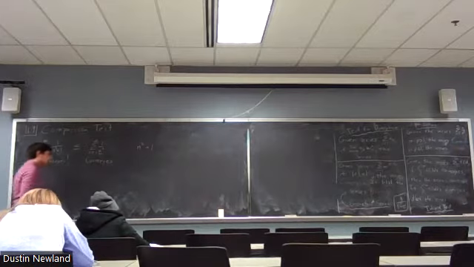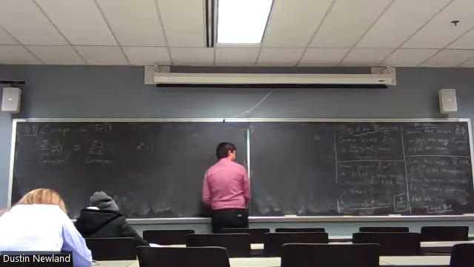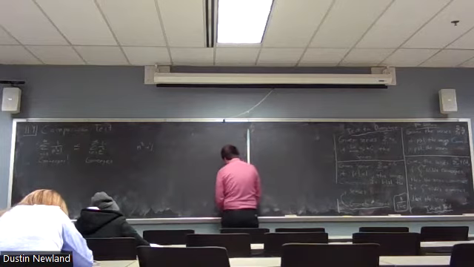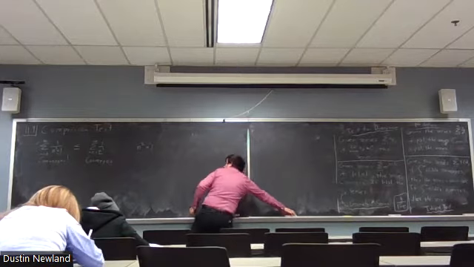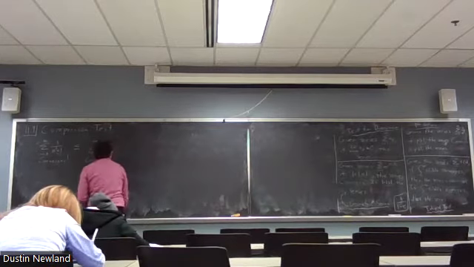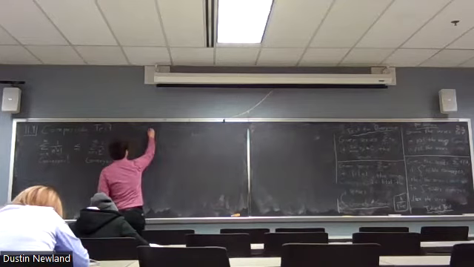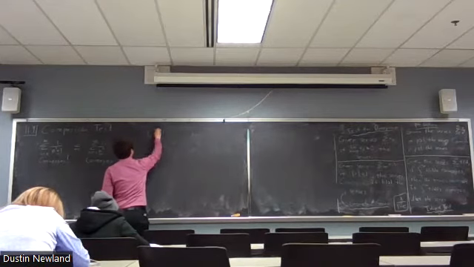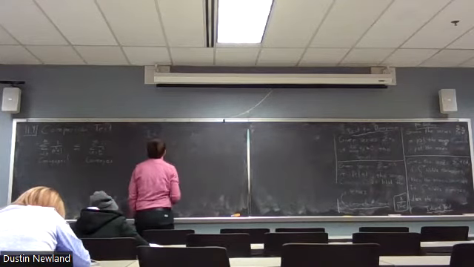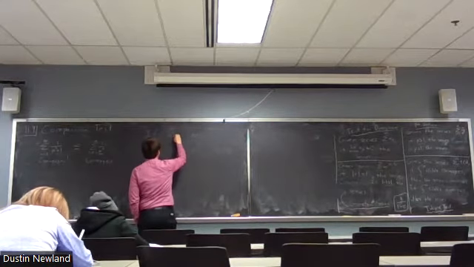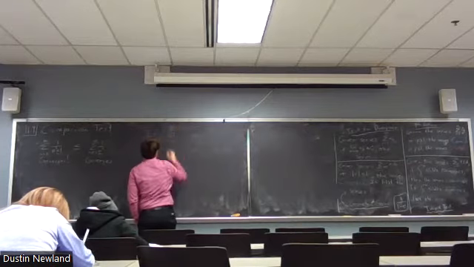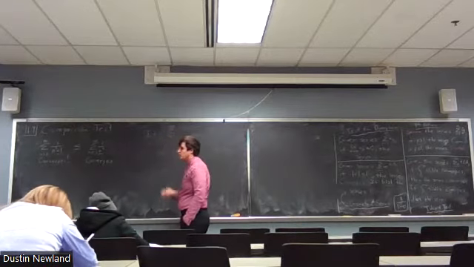So that is the essence of the comparison test. Let me break it down. Let me pull out a color and we'll write this out. If I have a sum, it goes from n equals 1, or 0, it doesn't matter; I'll write 1 as the most general.